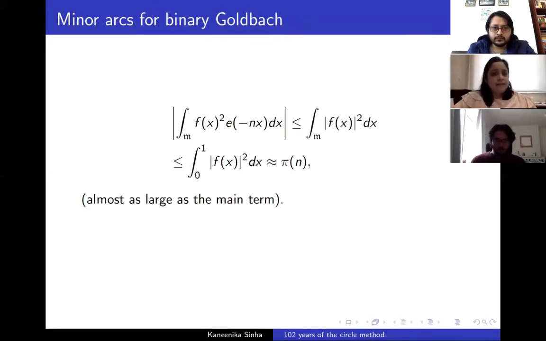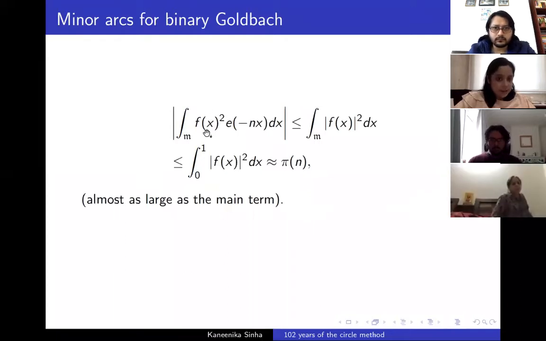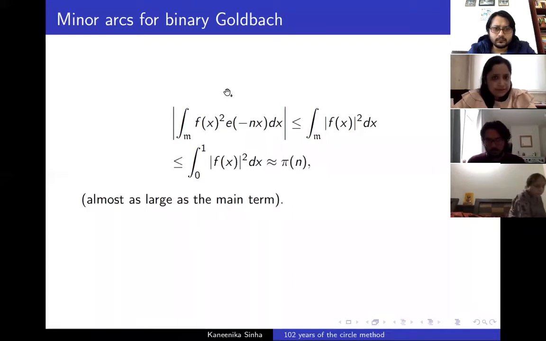So for the binary Goldbach conjecture, the integral you have to consider over the minor arcs is f of x squared e of minus nx dx. I did not make many comments about the integral of this function over the major arcs, but with some calculation you can see that it is roughly of the order of pi of n.